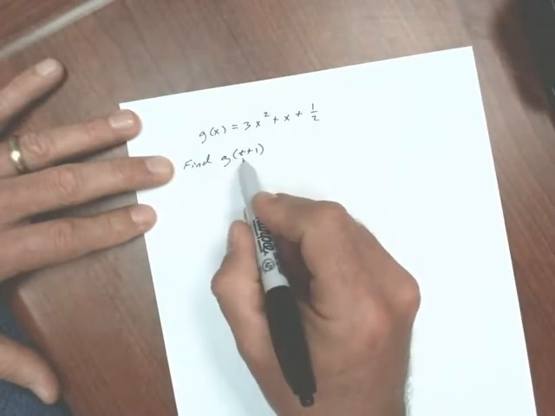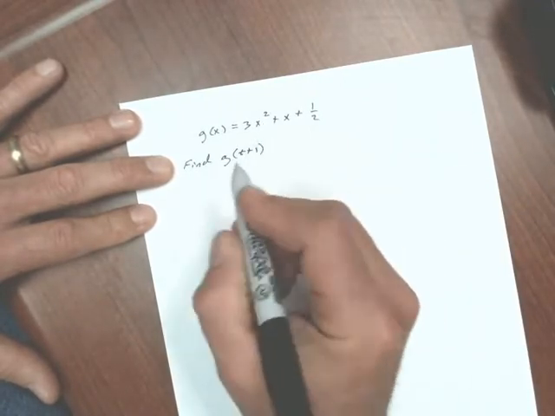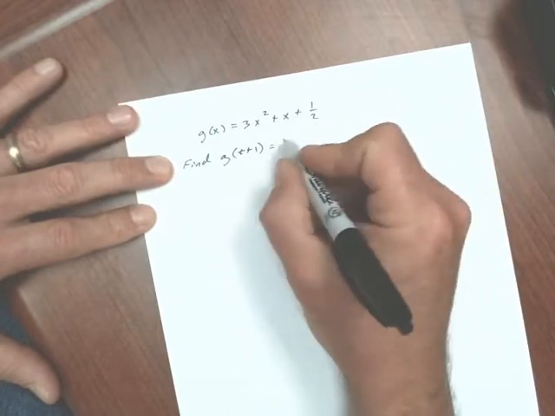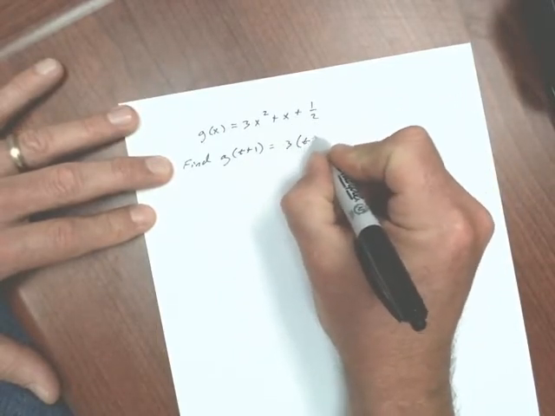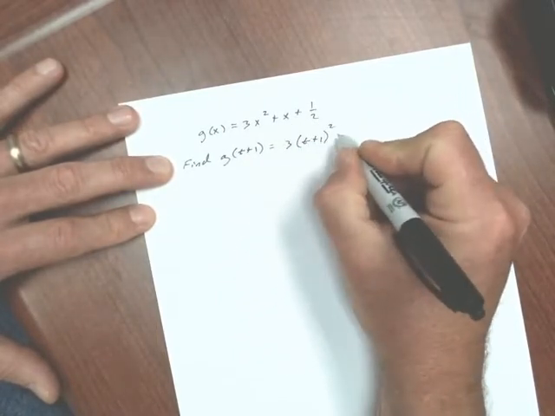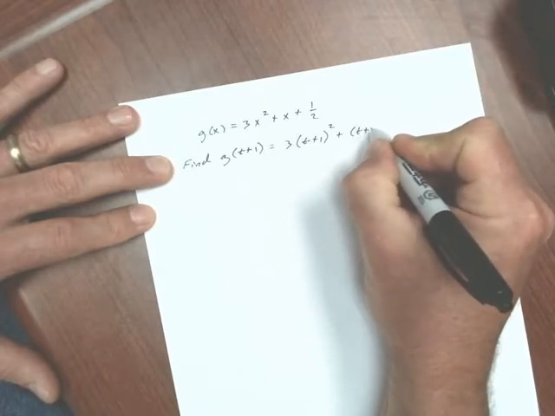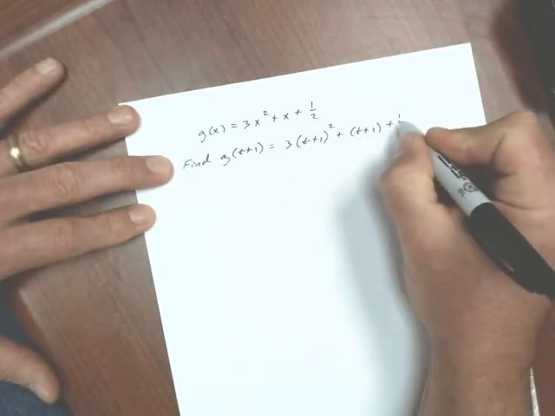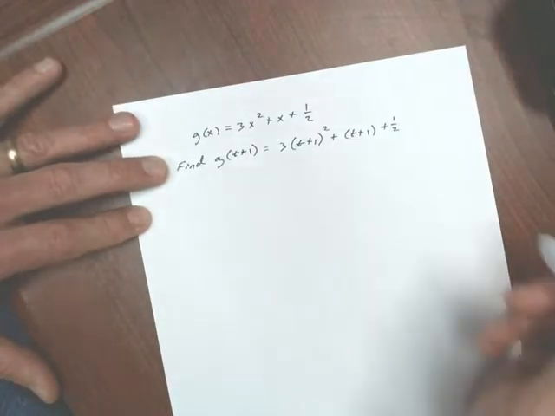So if we want to find g of t plus 1, we're just going to put a t plus 1 where there is an x. So g of t plus 1 equals 3 times t plus 1 squared plus t plus 1 plus 1/2.